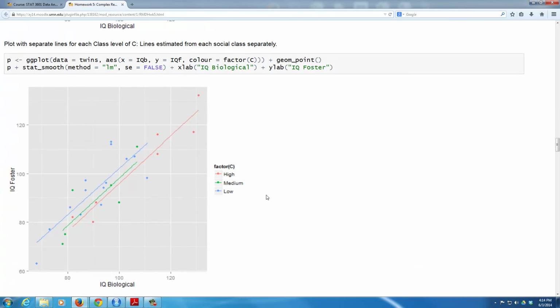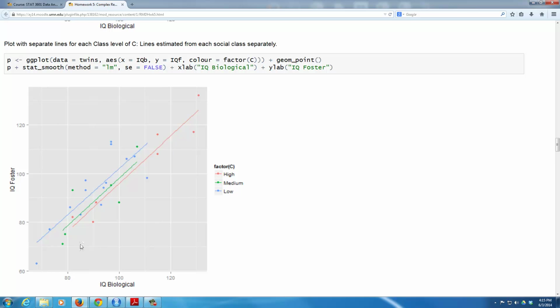When we look at the second plot, you can see basically parallel lines placed on the points for each of the social classes. So the red line and dots are for the twin pairs born to high social class parents, the green for medium social class, and the blue for lower social class.